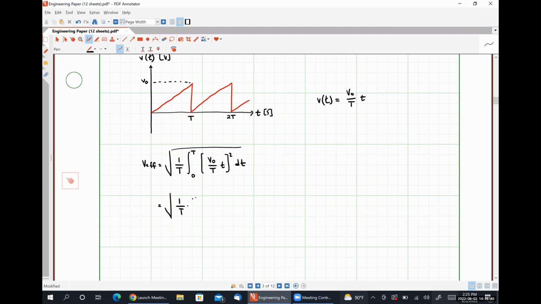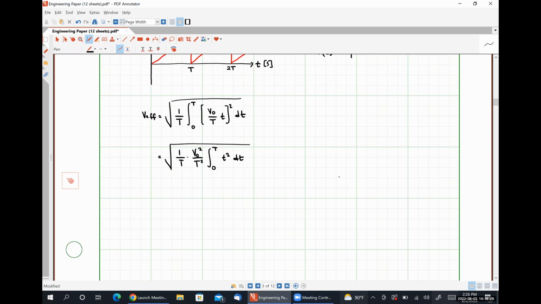So I'm going to have V naught squared over capital T squared for moving that slope of V naught over T, squaring it, and then moving it outside of my integration. And then I'm going to have the integral from 0 to T of t squared dt. I'm going to lump these terms together because I can. So that's going to look like V naught squared over T cubed.